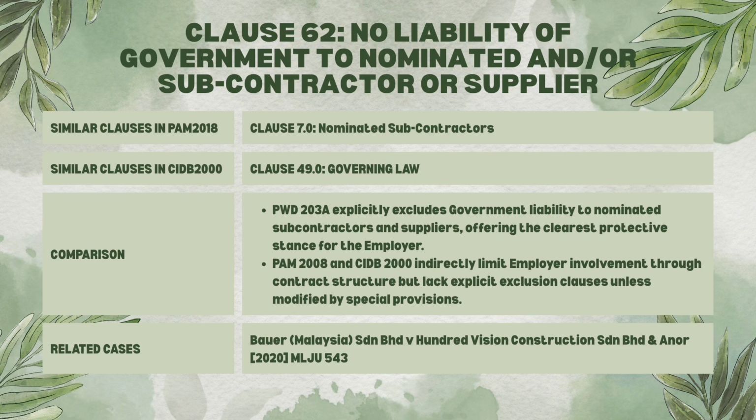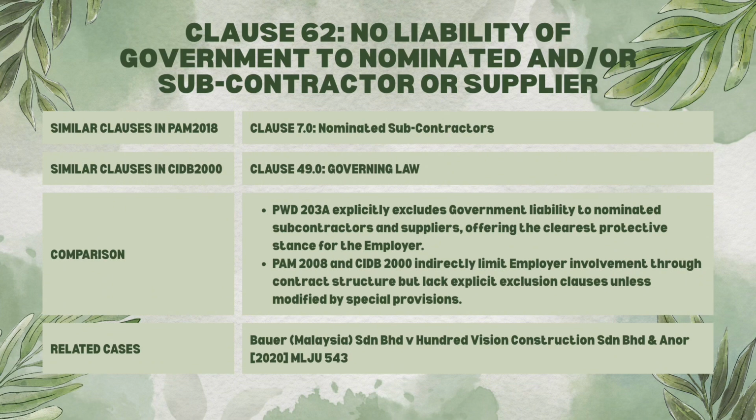Clause 62, no liability of government to nominated subcontractor or supplier. In PAM, the closest clause is clause 7, nominated subcontractors, while in CIDB it is clause 49, governing law.